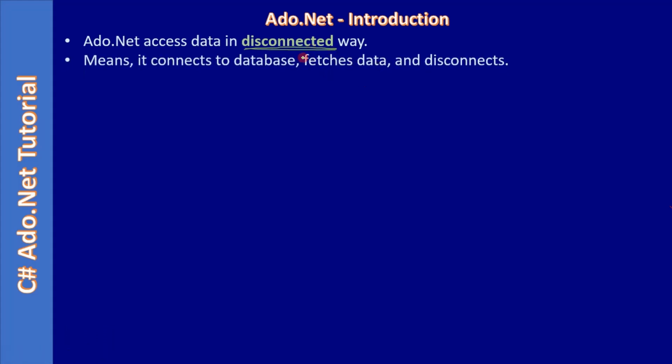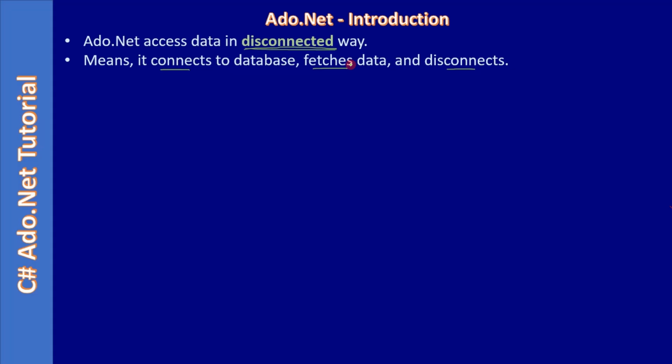Disconnected way means it connects to the database, fetches data, and then disconnects. So once data is fetched, it will be available with your front-end application.